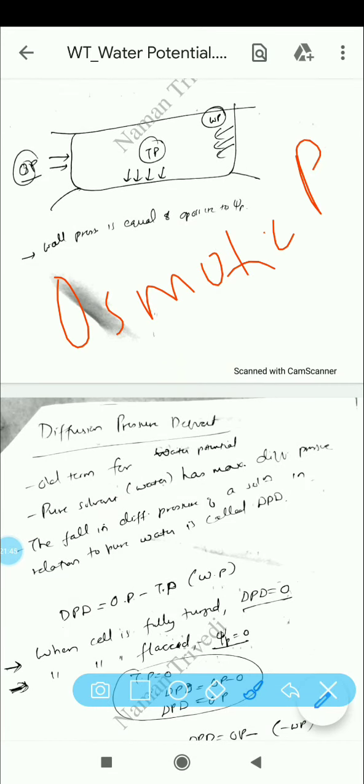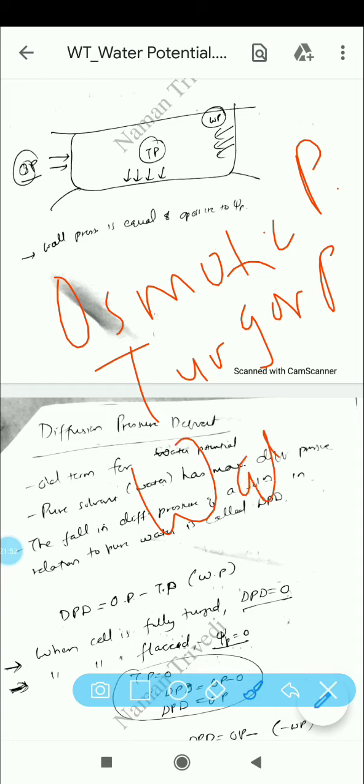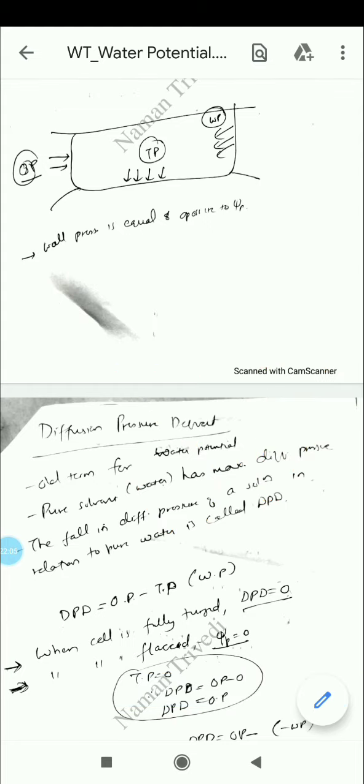OP stands for osmotic pressure, TP stands for Turgor pressure, and WP stands for wall pressure. So we denote OP as osmotic pressure, TP as Turgor pressure, WP as wall pressure.